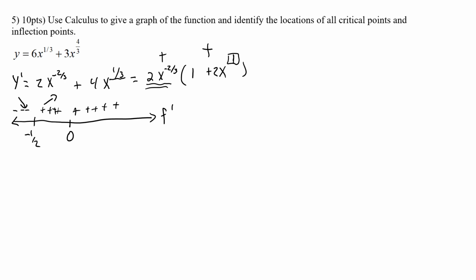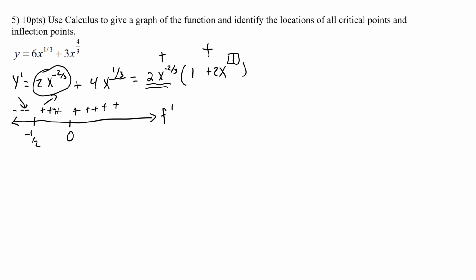We have a cusp or a corner there. Actually, no, we don't have a corner. We have a cusp, because as you get closer and closer to 0, this expression here goes off to infinity. So you have a cusp there. Okay, so there's your first derivative test.